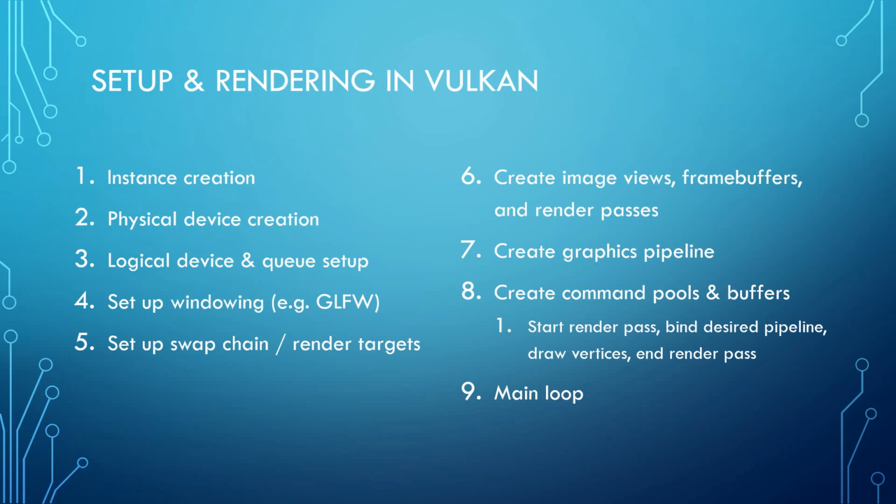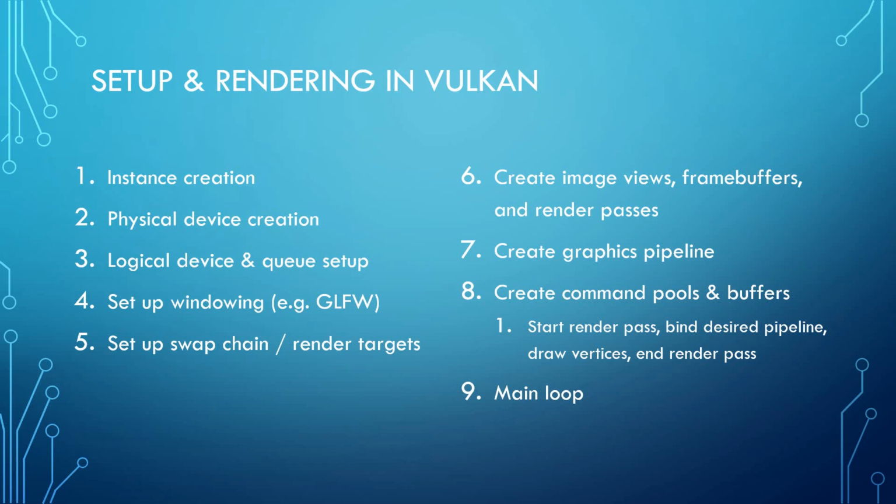We create the graphics pipeline, which is our rigid graphics pipeline, using some of these components that we've set up, and then we'll create our command pools, which are based on different types of queues, and within those command pools we create different buffers which have various commands.